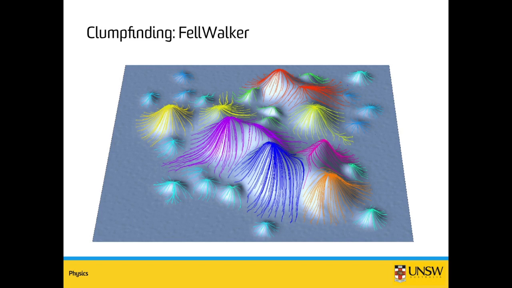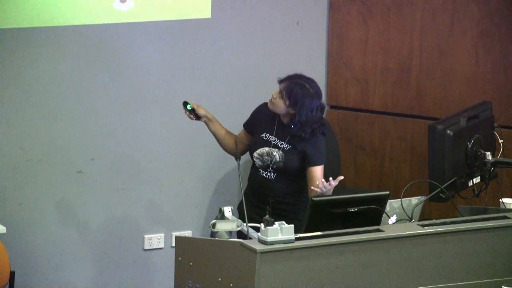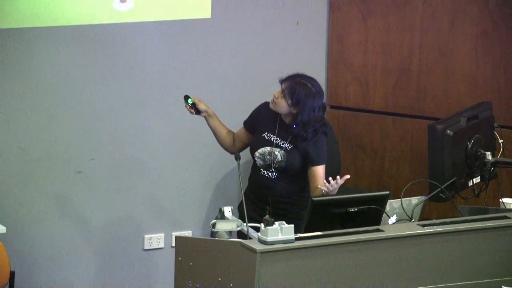For this FellWalker algorithm, you need to give a flat number, or a cutoff number, where it starts walking. Whenever it sees something going up from whatever value has been set as the background level, it starts walking. That's how it's FellWalker. It walks up the hill, and whenever it finds the top, it starts going down.